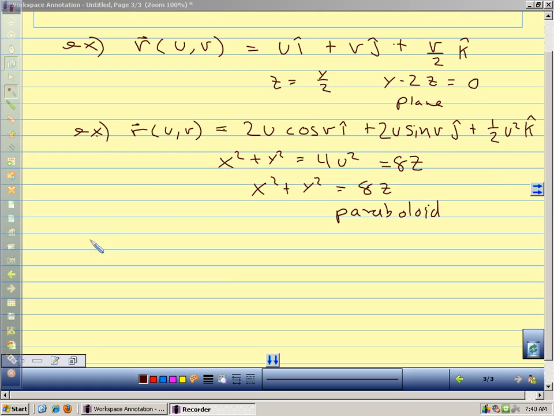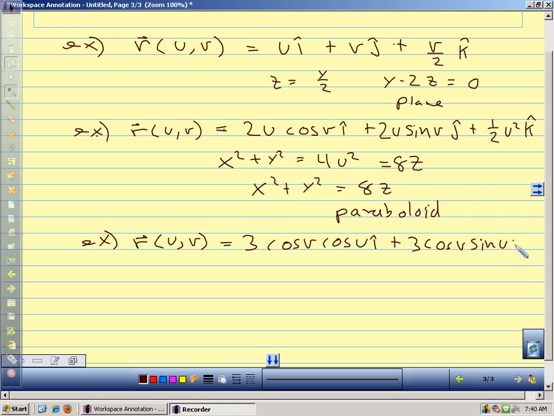All right, let's look at one more of these. So r of u and v equals 3 cosine v cosine u i plus 3 cosine v sine u j plus 5 sine u k.